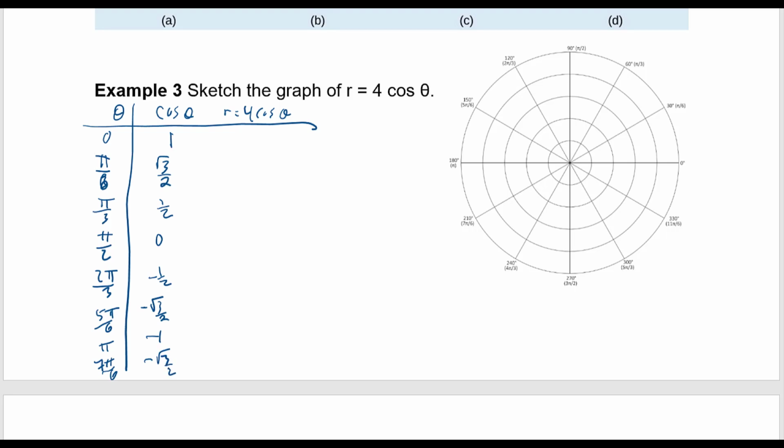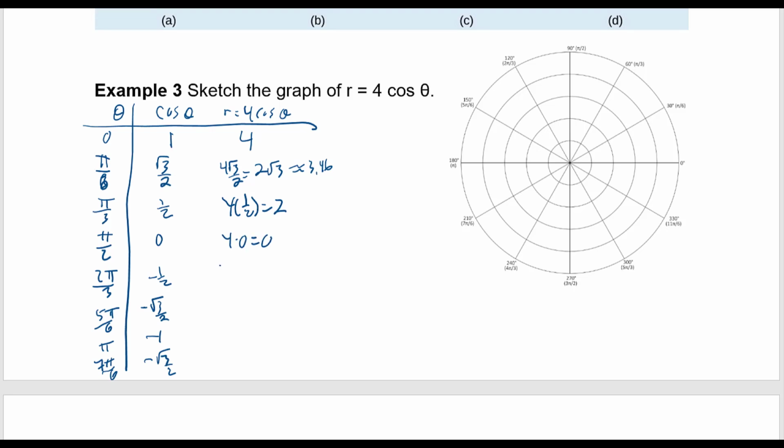Now we multiply these by 4. So 4 times 1 is 4. 4 times the square root of 3 over 2 is 2 root 3, which is approximately 3.46. 4 times 1/2 is 2. 4 times 0 is 0.